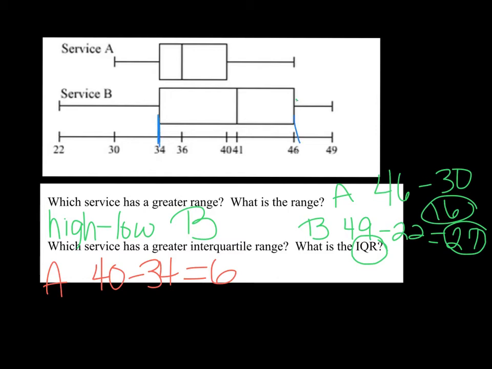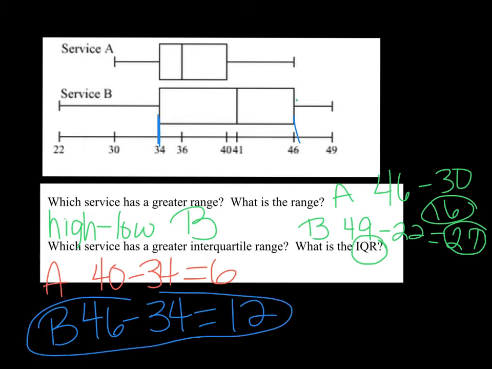Or here and here. So B is going to be 46 minus 34, which gives me 12. So which service has the greater interquartile range? The answer is going to be B. And what is the IQR? Well, B was 12 and A was 6. Okay. So that's reading the data.